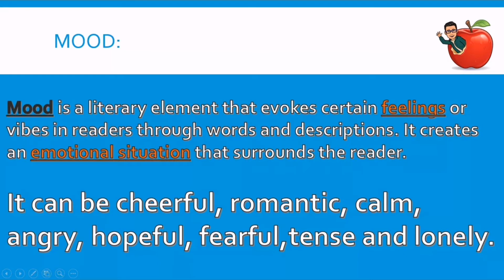It creates an emotional situation that surrounds the reader. So we are talking about feelings, or the emotional situation. The mood of your composition can be somewhat like cheerful, romantic, calm, peaceful. Let's just be calm. Romantic, full of love.